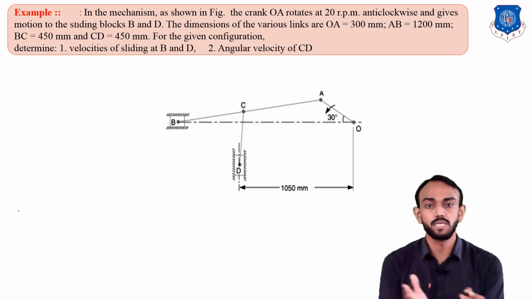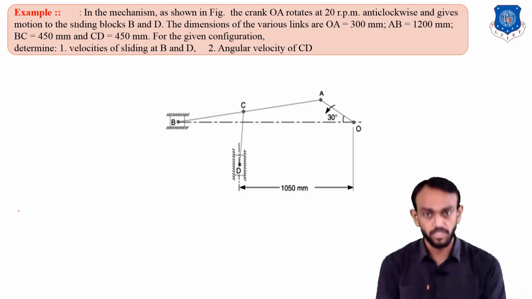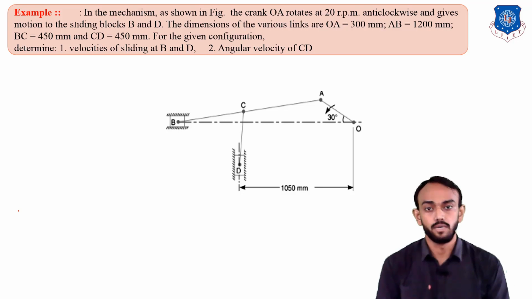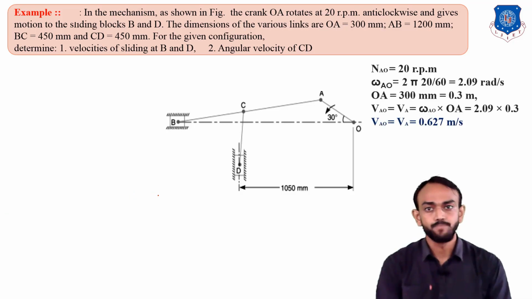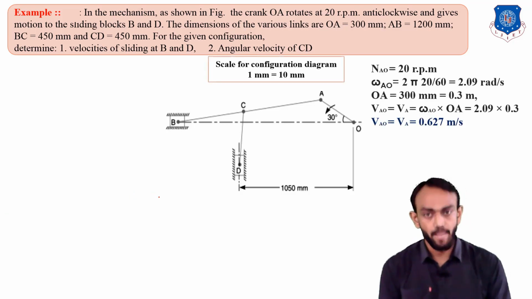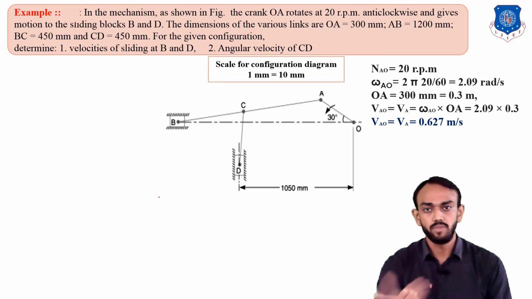If you have less space in the drawing sheet, you can take a smaller scale also. I have taken 1:10, you can take 1:12 or 1:15 also, so this dimension will be smaller. So we will take 1:10 here, so 1 mm in our drawing is actually 10 mm.